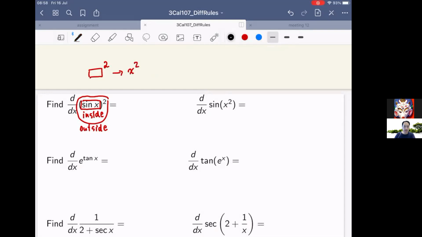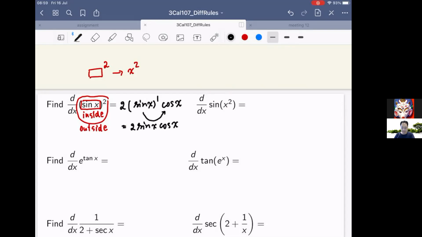The derivative becomes 2, and then the inside raised to the power 2 minus 1, right? And then multiply by the derivative of the inside, which is the derivative of sine, becomes what? Cosine. So you end up with 2 sine x cosine x.